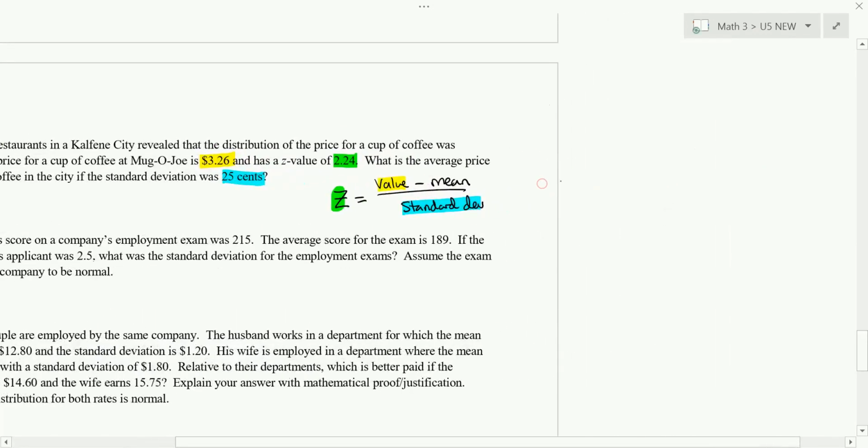and we get 2.24 is equal to $3.26 minus our mean, we'll put x bar, over 25 cents. So I'm going to change that to dollars, so 0.25.